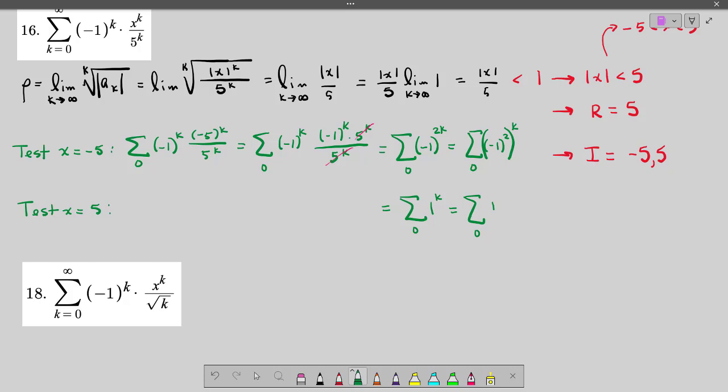And does that series converge or diverge? What does that series do? Converge or diverge?